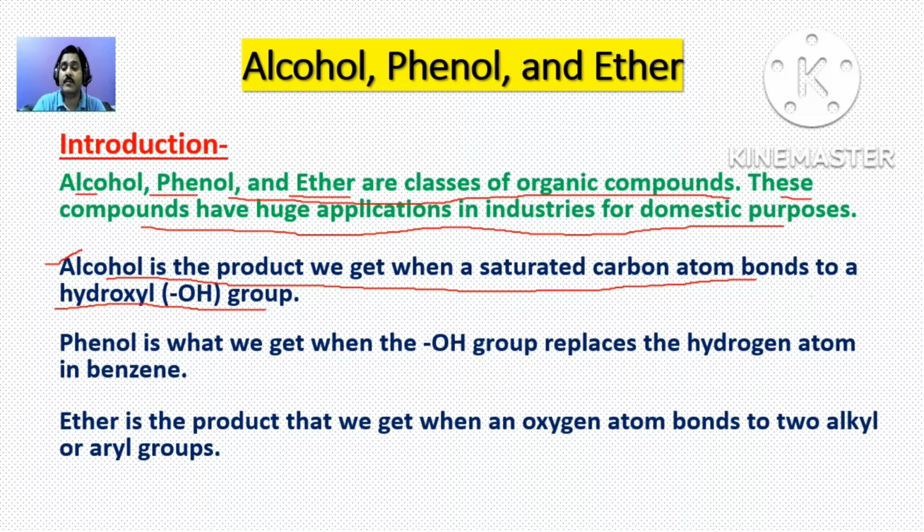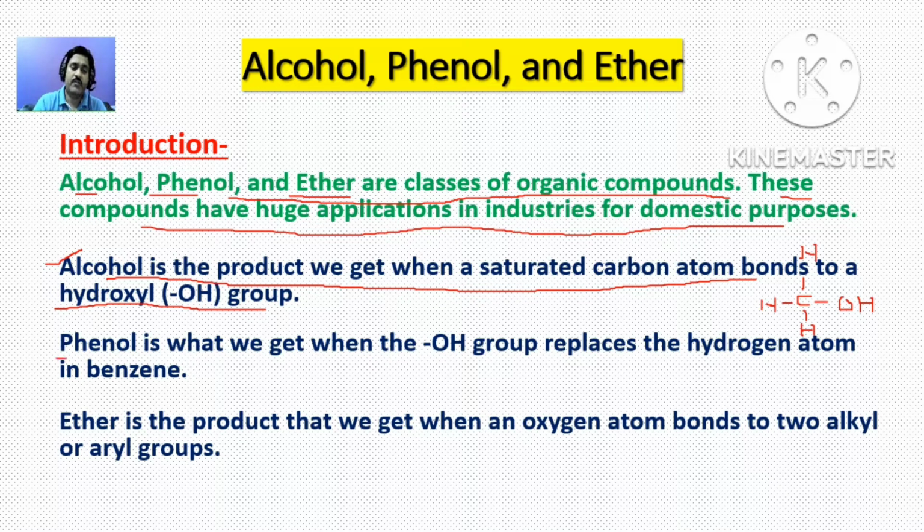If a saturated carbon atom is combined with hydrogen or other atoms, and we combine OH to it, then that is called an alcohol. Suppose hydrogens are attached here, then it will form methanol. Methanol is an alcohol.